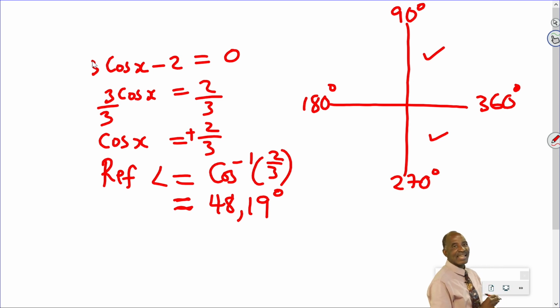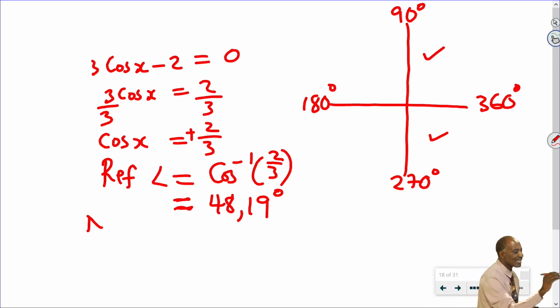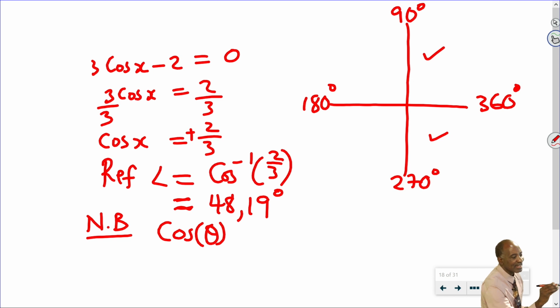Automatically, that reference angle becomes an answer. At the same time, let's not forget, NB, take note of this: in cosine, cos of theta is the same as cos of negative theta.